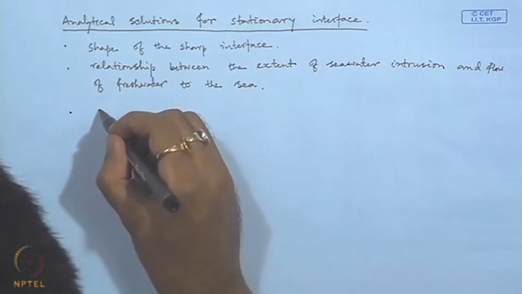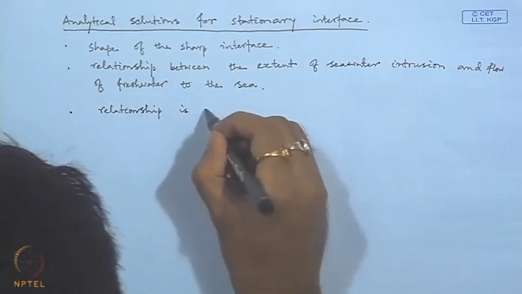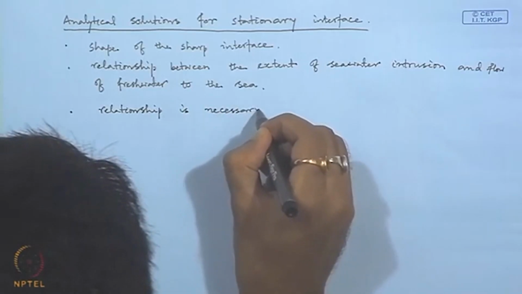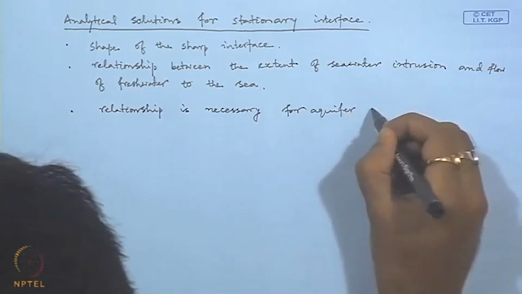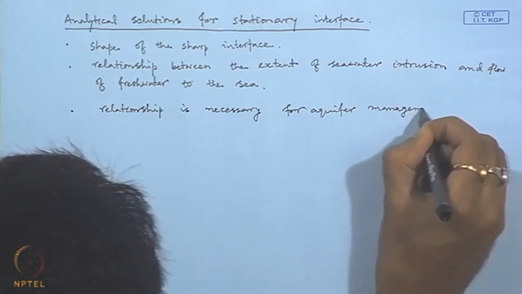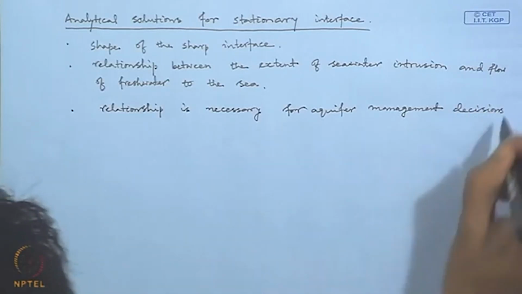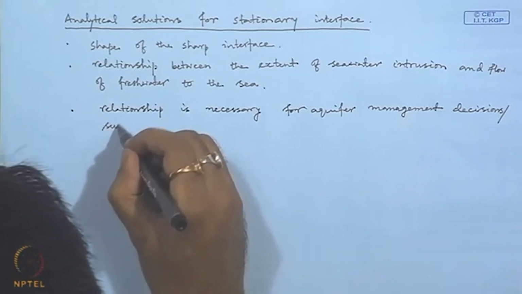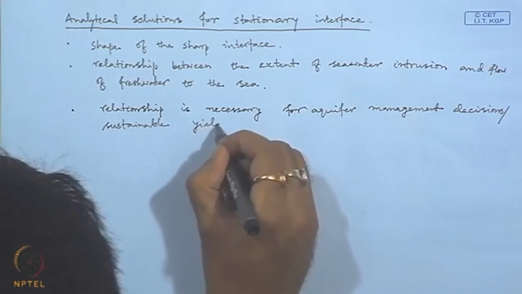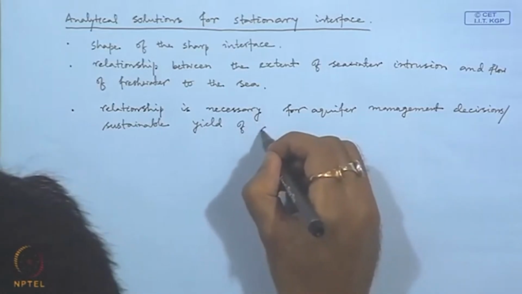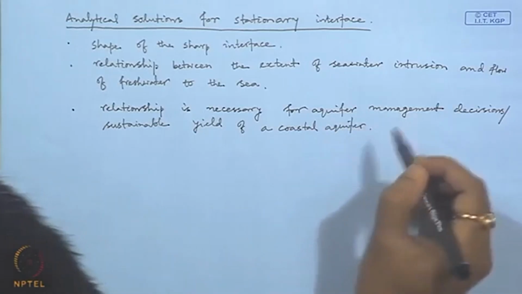So, this relationship is necessary for aquifer management decisions, or for identification of sustainable yield of a coastal aquifer.